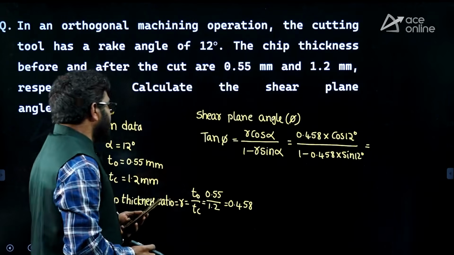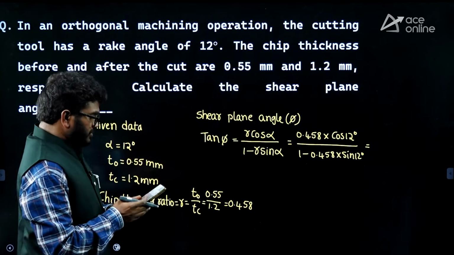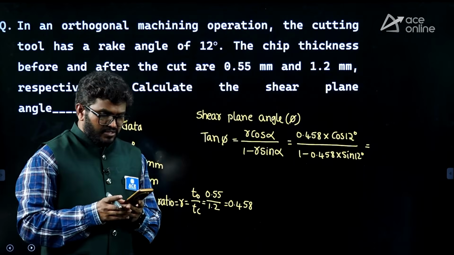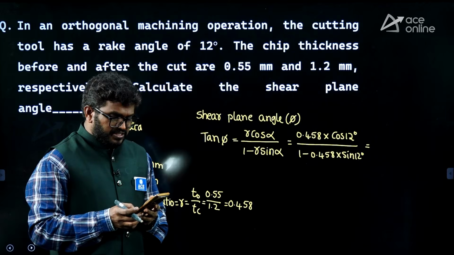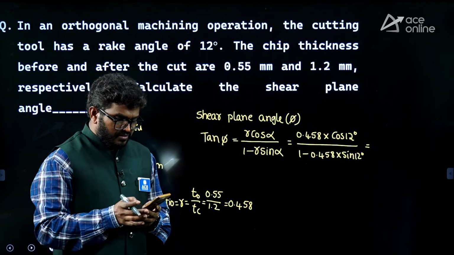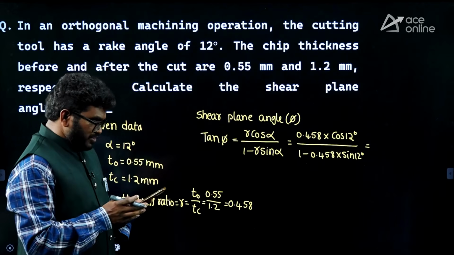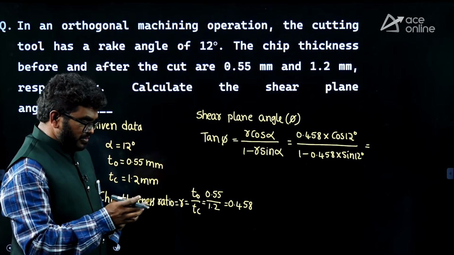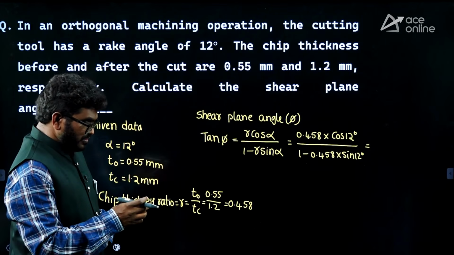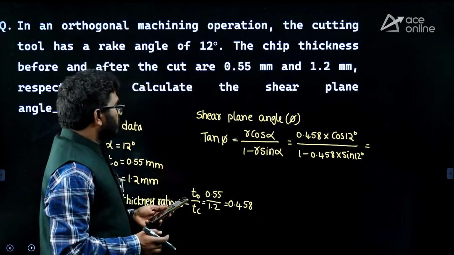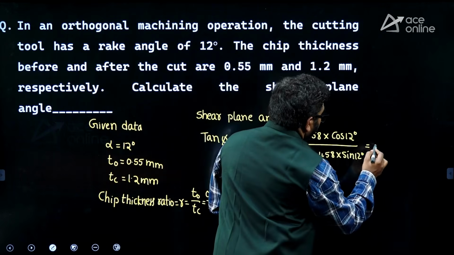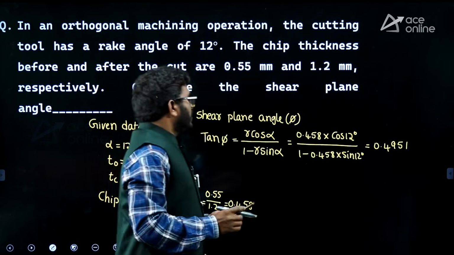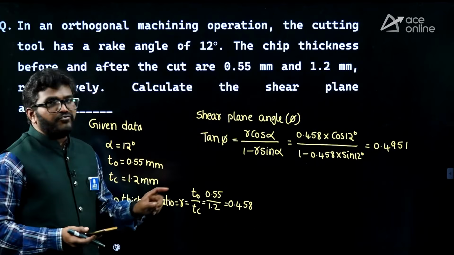Okay, cos 12 degrees and sin 12 degrees. So, by solving this, you will get 0.4951.